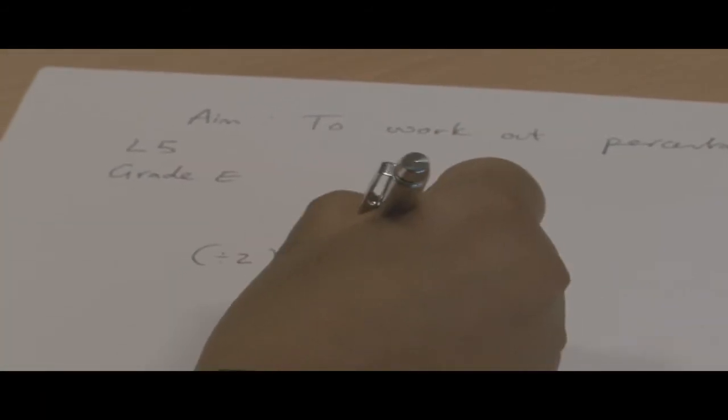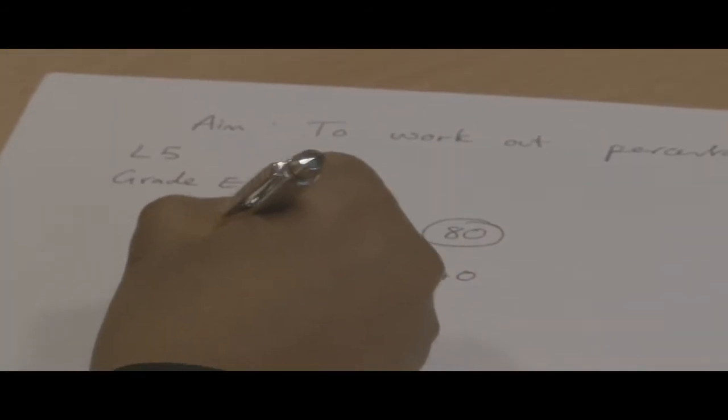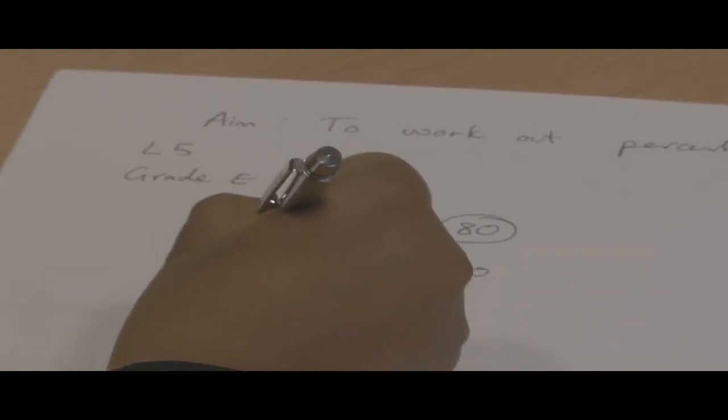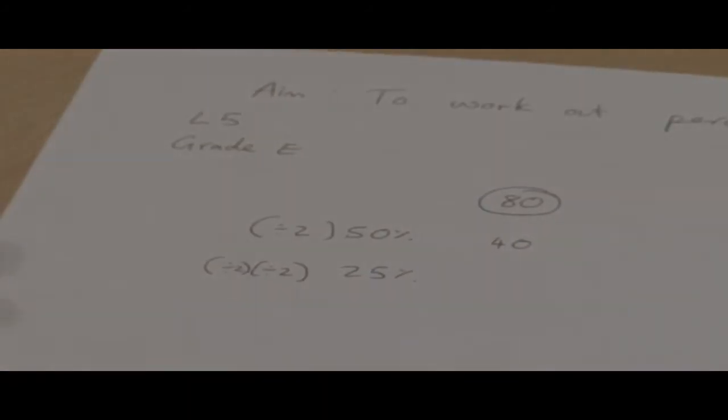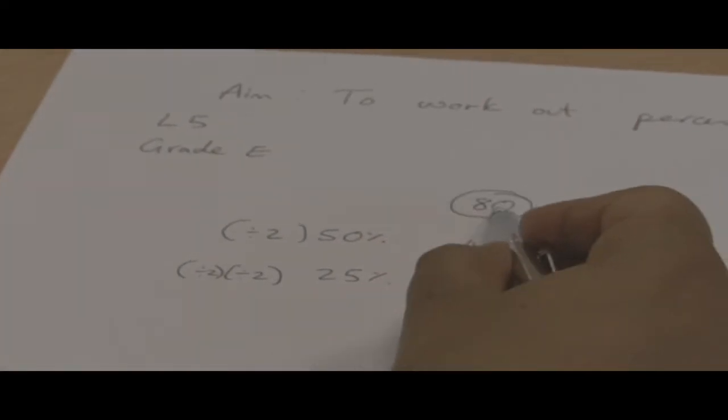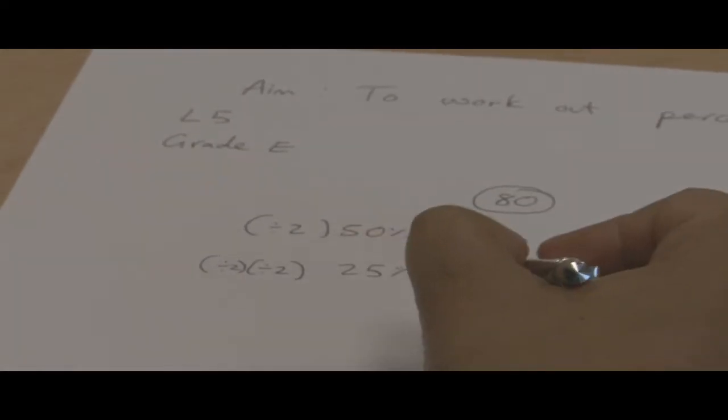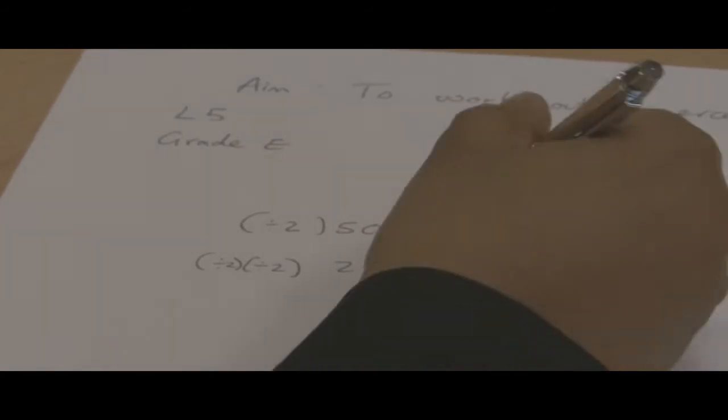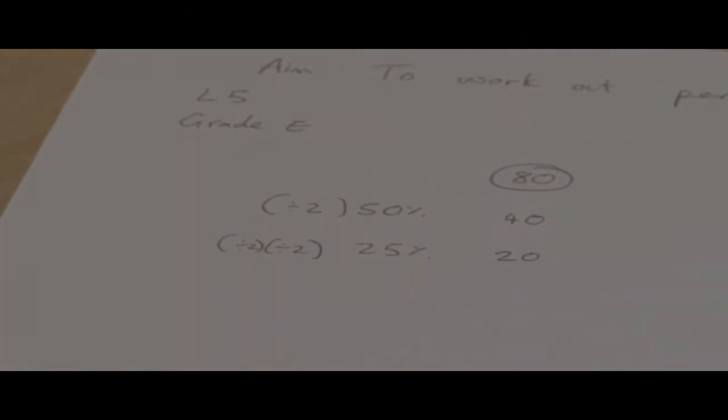To get 25%, we halve it and then halve it again. Okay, so we divide by 2 and divide by 2 again. So 80 divided by 2 is 40, then divided by 2 again, it's going to be 20. So that's how we work out 25%.